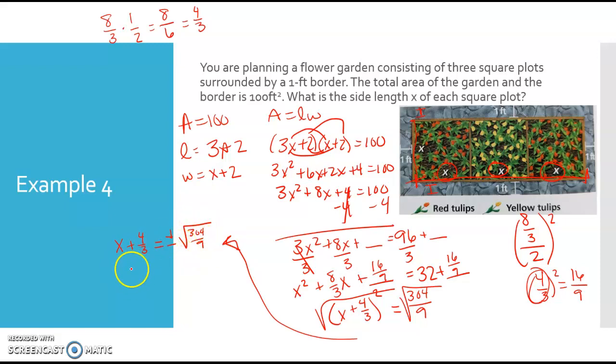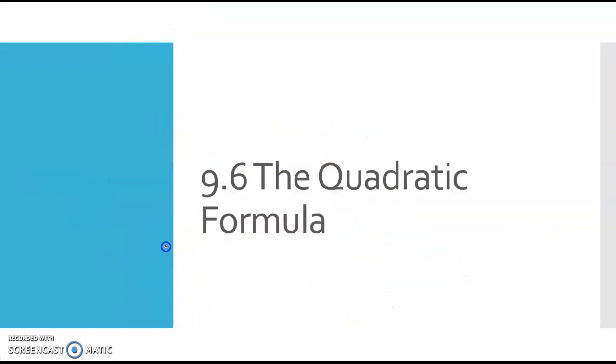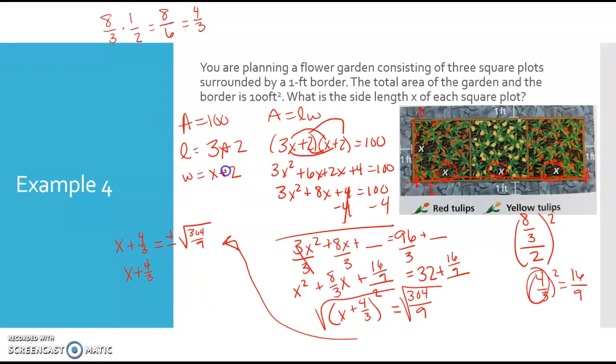Now that is approximately plus or minus 5.812.